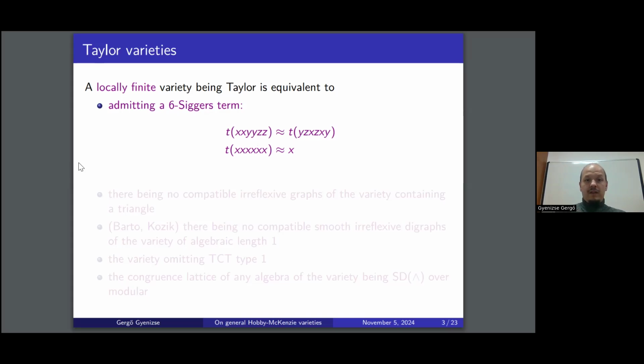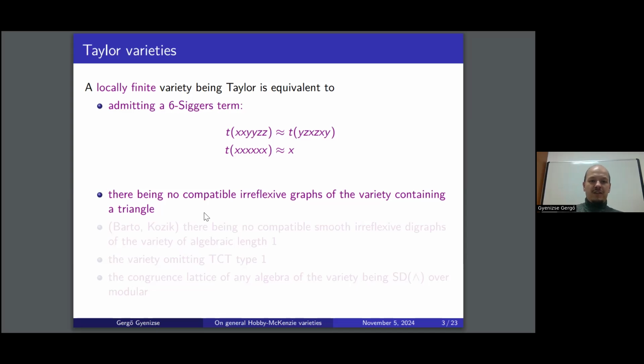This is equivalent to a result about graphs. It is equivalent to saying that if we take a variety, any algebra of it, and any directed graph that is compatible with this algebra, by which we mean that the graph, as a subset of the direct square of the algebra, is a subuniverse of the direct square of the algebra, then if it contains a triangle, it must be reflexive.